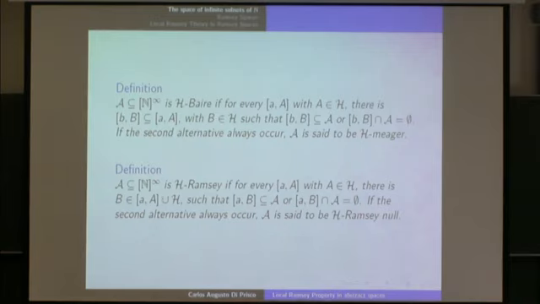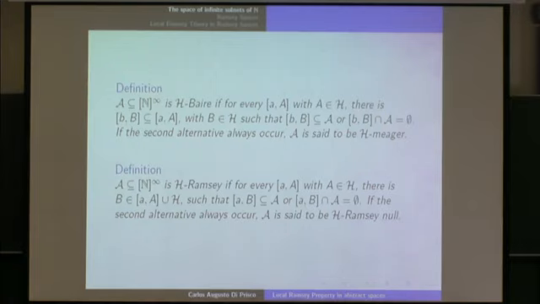We say that a subset of our space is H-Baire if for every basic set with infinite part in the collection H, there is a smaller basic set, also in the same family, meaning the top part of the smaller set is also in the coideal, that is contained in or disjoint from our subset of the space. If the second alternative always occurs, then we say that the set A is H-meager.